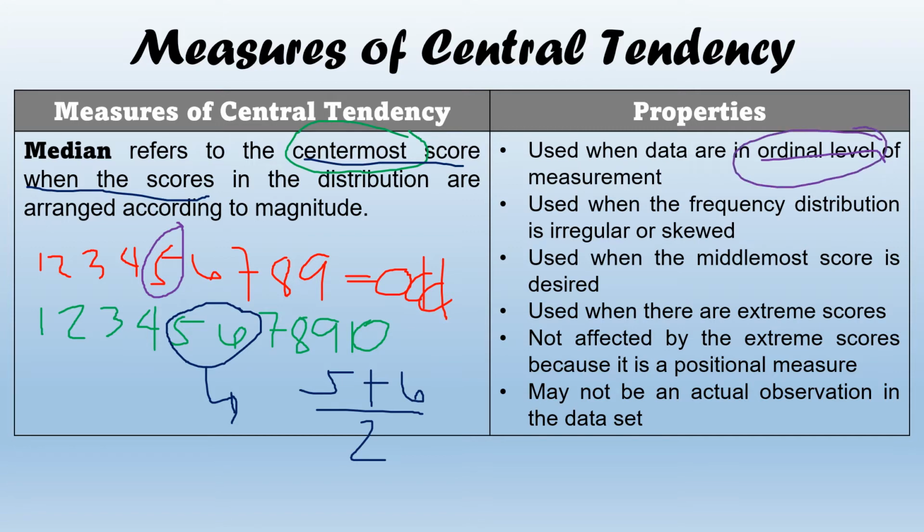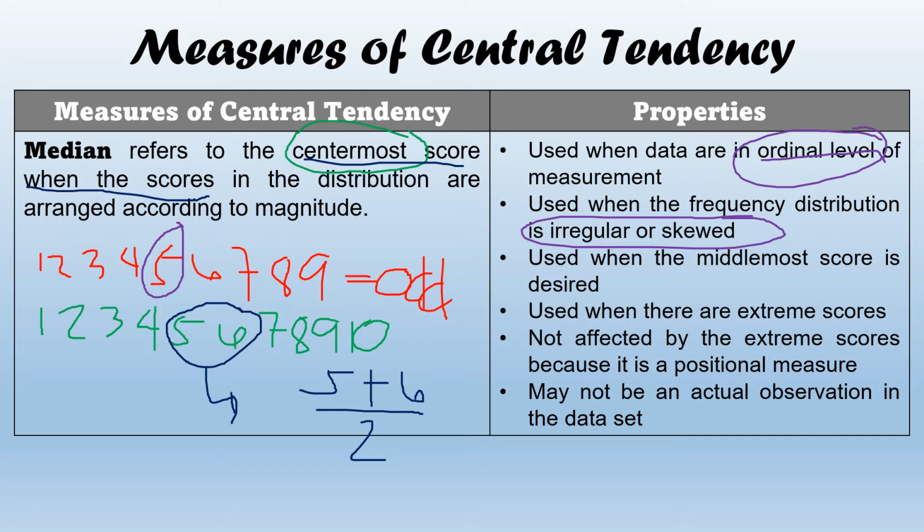Used when the frequency distribution is irregular or skewed. So alam na natin na pag irregular or naka-skewed yung frequency distribution natin, automatically median ang gagamitin natin. Okay. One of the measures of central tendency, median. Okay. Again, we cannot appreciate this more because we have to discuss pa the other topics.